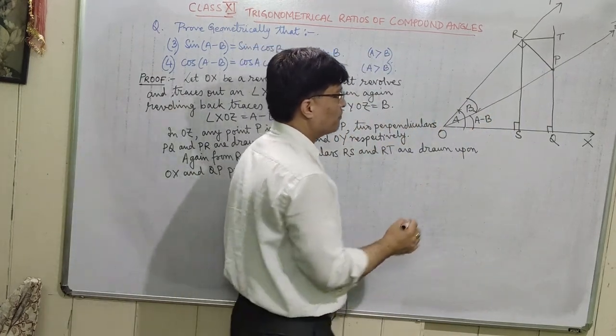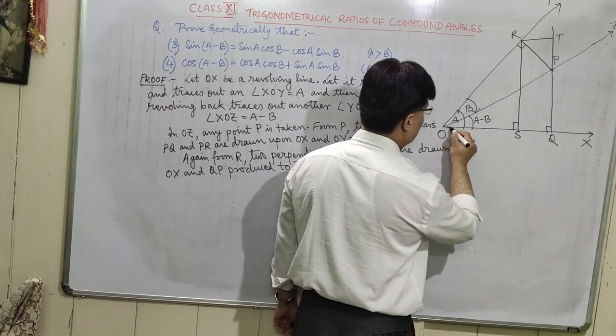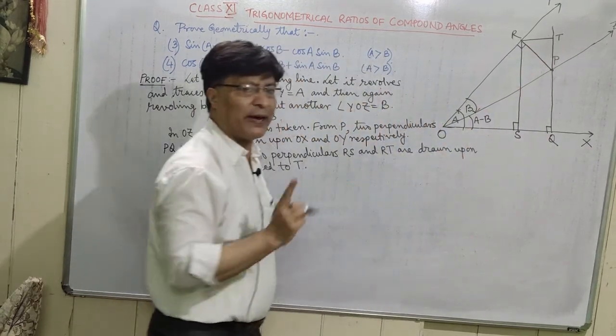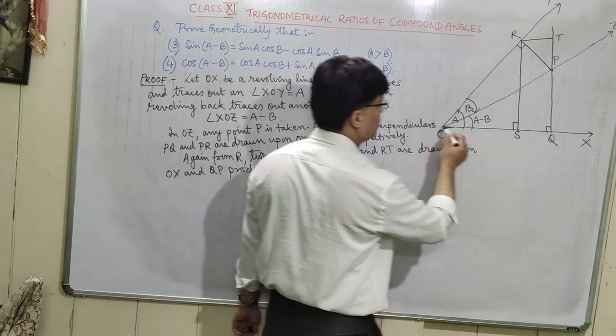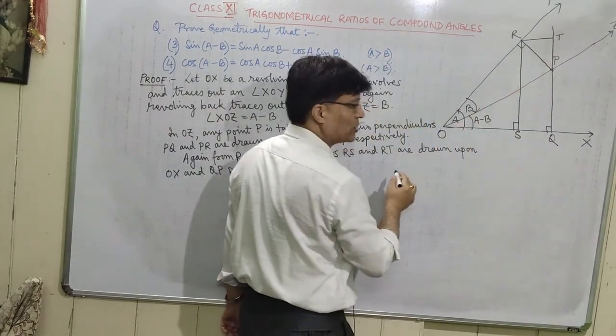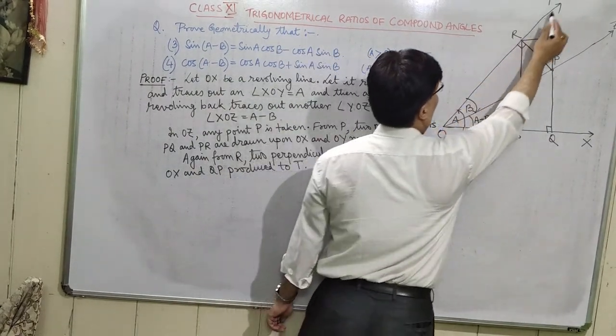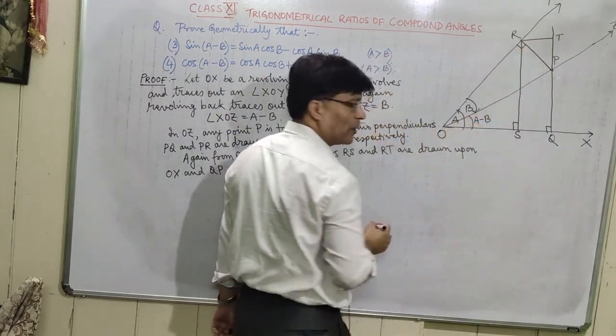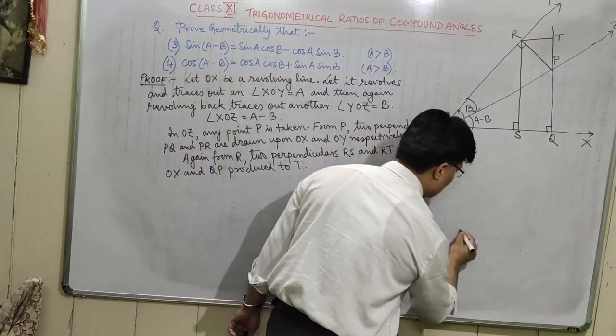So now here, this OX and this RT are parallel to each other, and ORY cuts them. So these two angles are known as corresponding angles. It is just like this one.